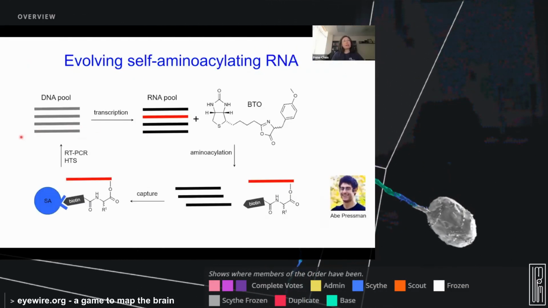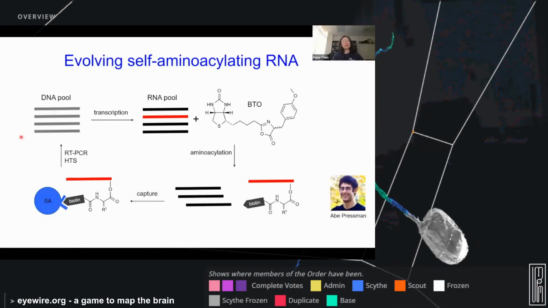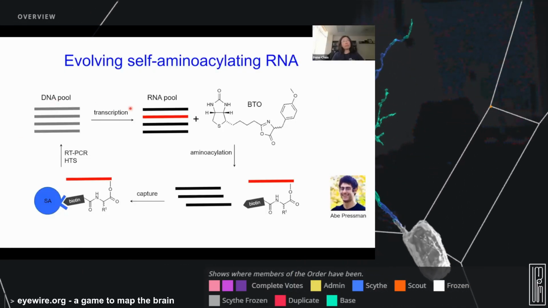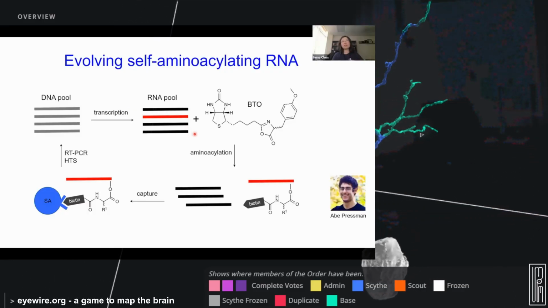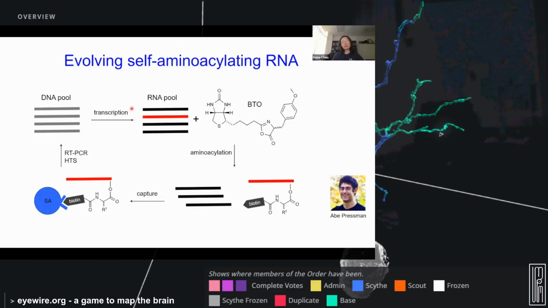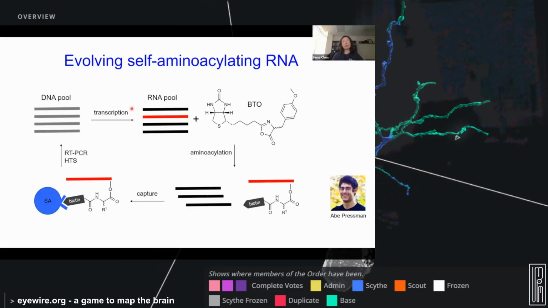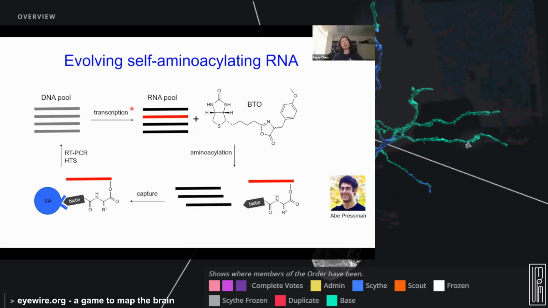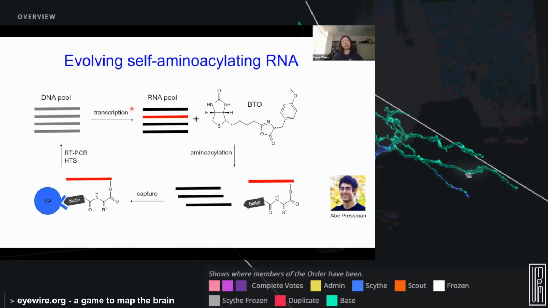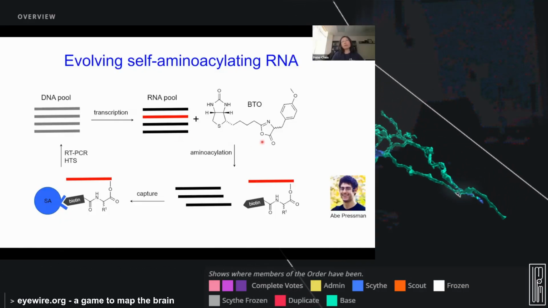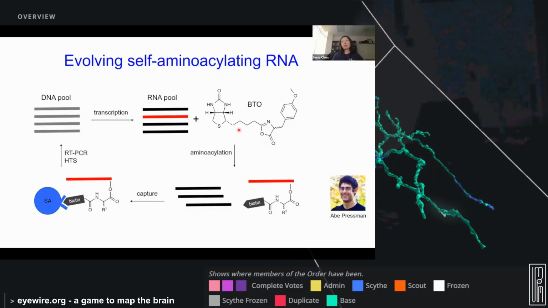My student Abe made a random RNA pool from a random DNA pool, and this is an in vitro selection setup. We had an RNA pool covering sequence space. We think it has 4 to the 21 different molecules in there in at least 100-fold coverage. We reacted it with the oxazolone that Ziwei made.